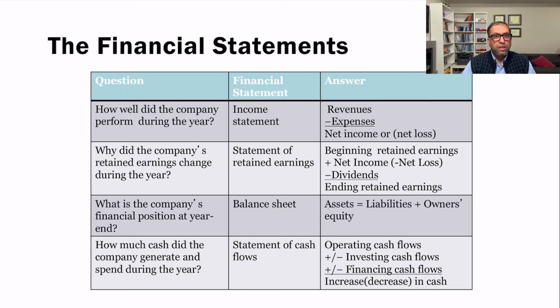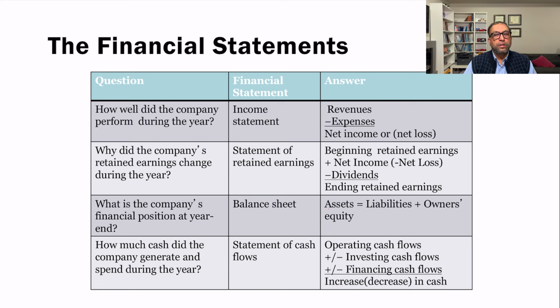Beginning retained earnings balance from the previous accounting period, plus we add the net income from this year or subtract the net loss from this year, minus also the dividend. If we paid dividends, then we have to subtract the dividend. This way we get an ending balance which reflects why the company's retained earnings changed during the year.